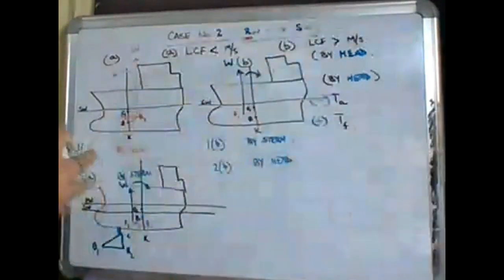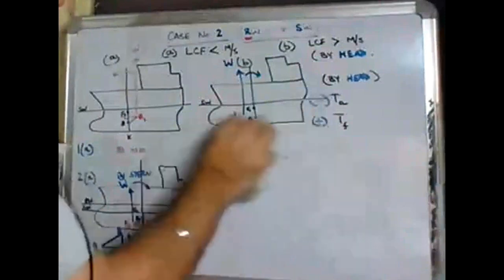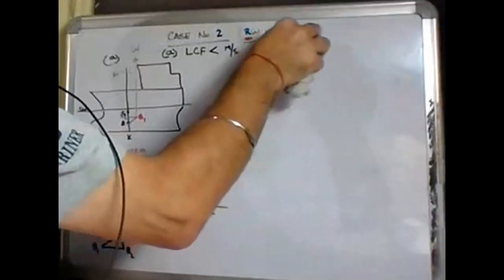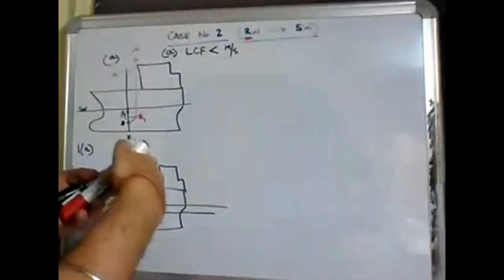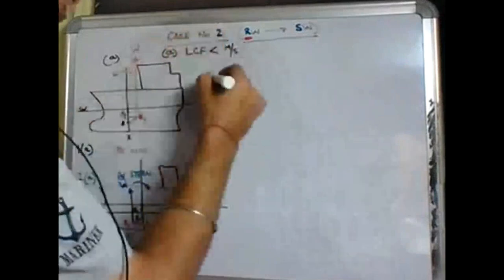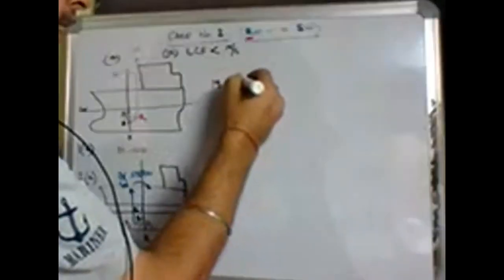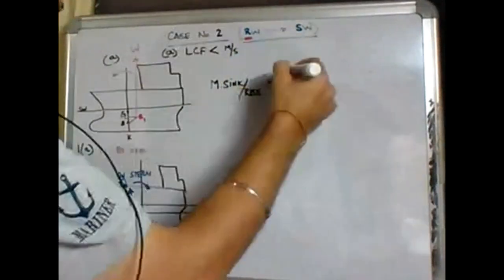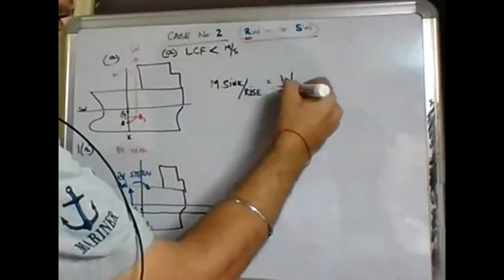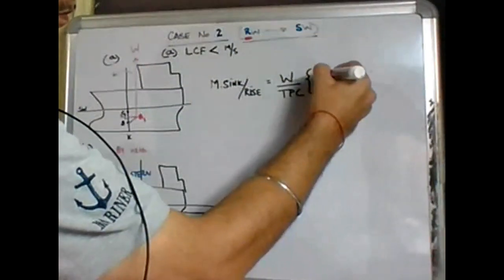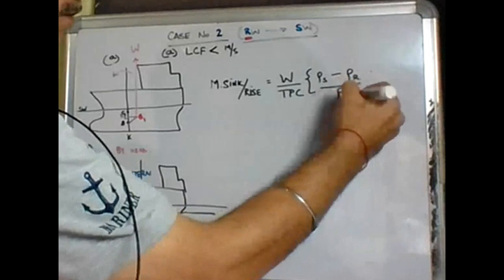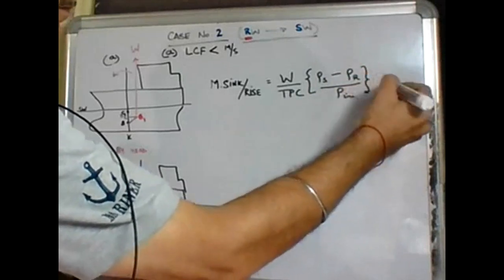Okay. Now I'm coming on to one more element. I'm sticking to 1A, 2A. Please remember, we will stay stuck on 1A, 2A. The mean sinkage or rise formula. I am combining one formula: W upon TPC, into rho S minus rho R, upon rho initial.